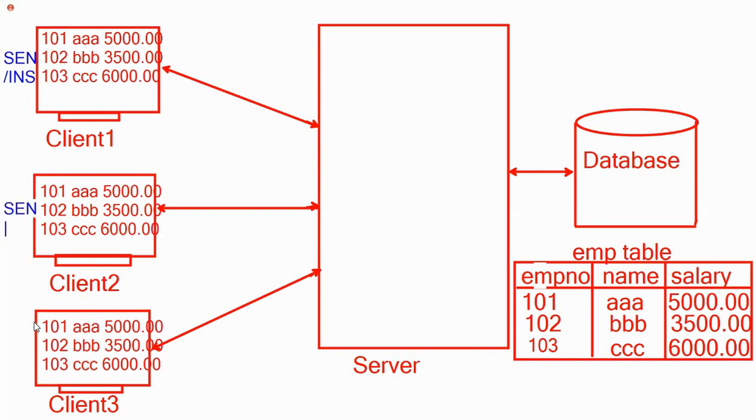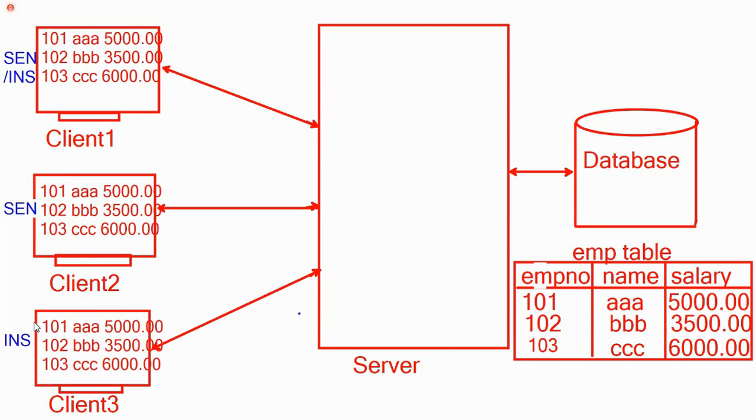Now you observe client 1, client 2, client 3. Client 1 sends the request, select star from employee. Then this data comes. This result set is given as sensitive or insensitive, any one. Here this person is given sensitive, this person is given insensitive. What's the difference? You observe.